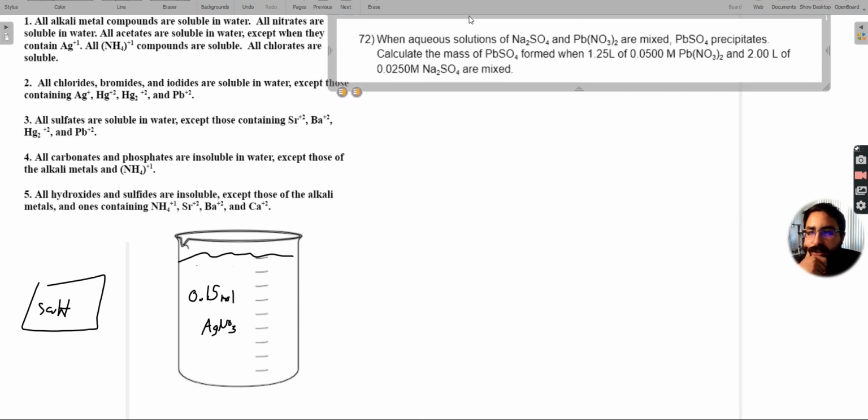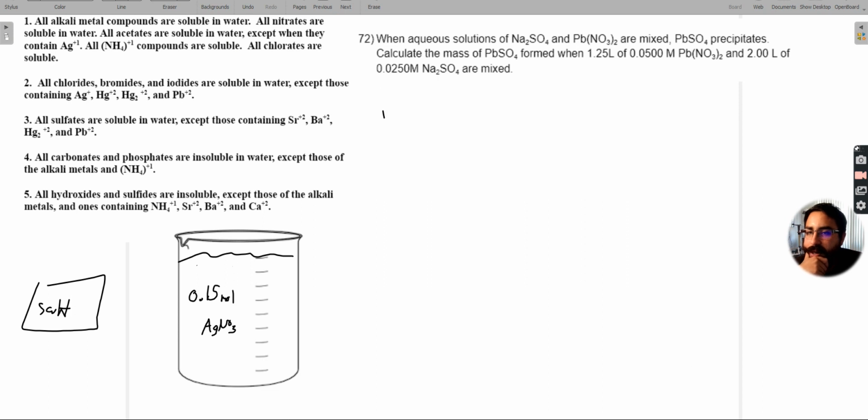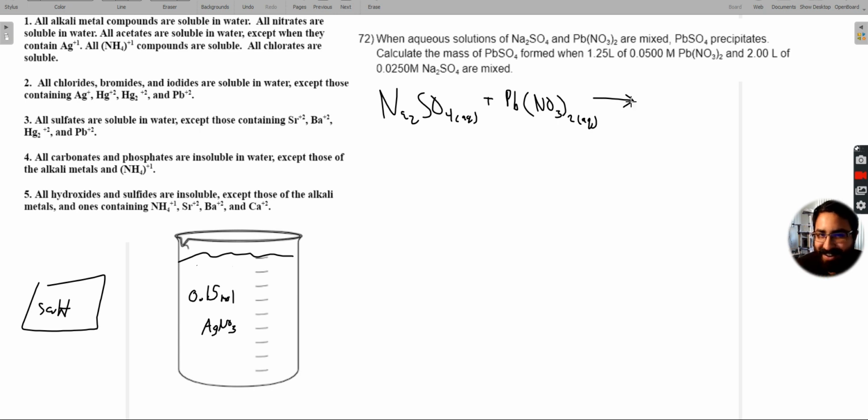All right. When aqueous solutions Na2SO4, as soon as you see Na, you should be thinking it's aqueous. It's reacting with Pb(NO3)2. As soon as you see NO3, what should you be thinking? That's right. So we are going to make Pb, and this Pb has a charge of +2.